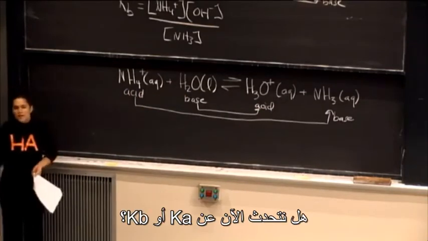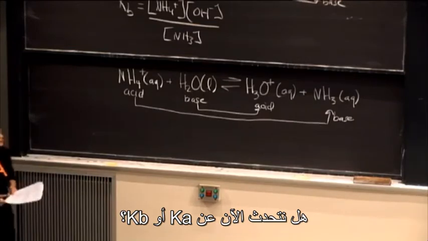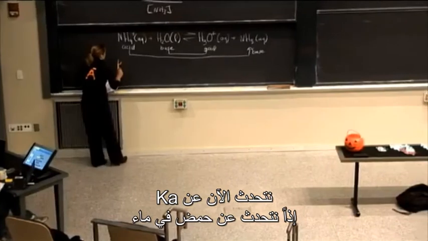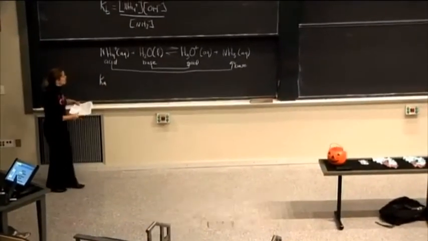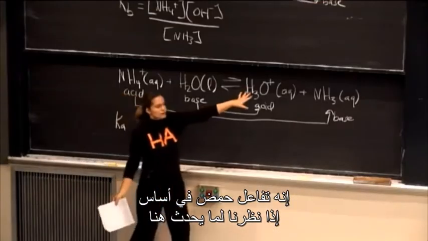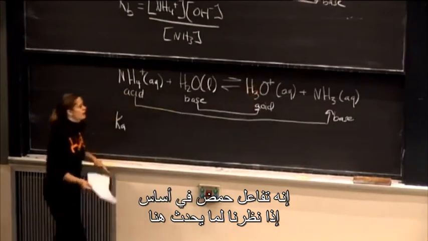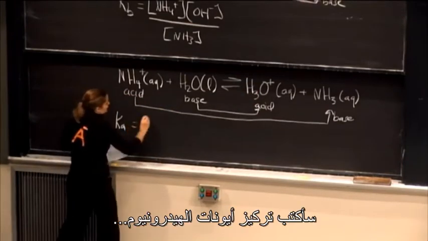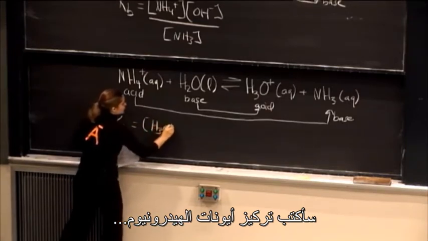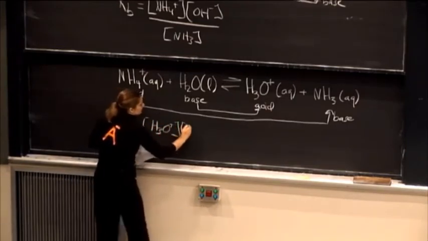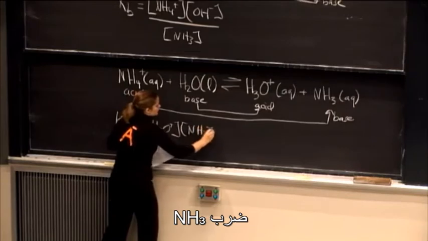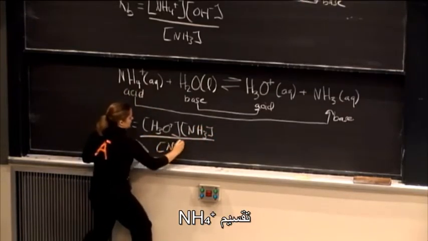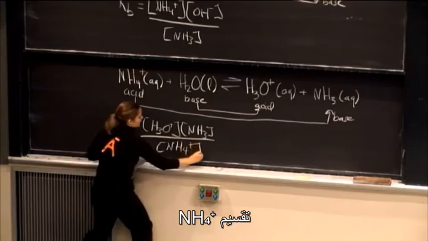So we have our conjugate acid-base pairs here. So now am I talking about a Ka or a Kb? I'm talking about a Ka. So I'm talking about an acid in water, and we know this is an acid in water if we look at what's happening over here. So we have an acid in water, and so we'll put our concentration of hydronium ions and NH3 over NH4 plus.